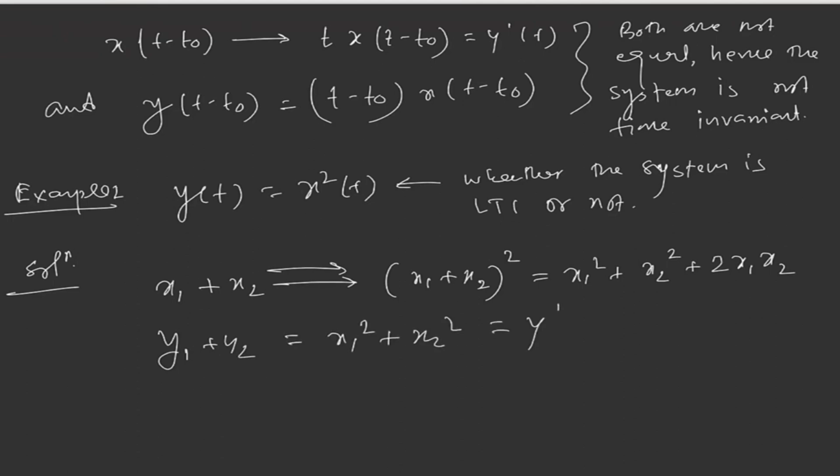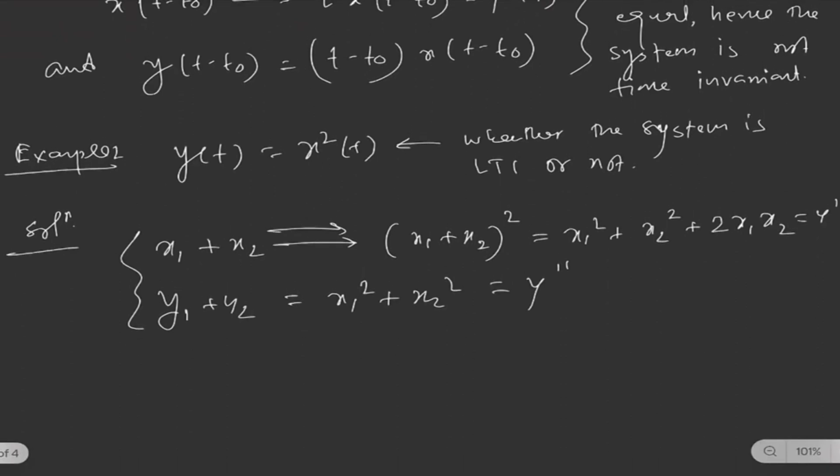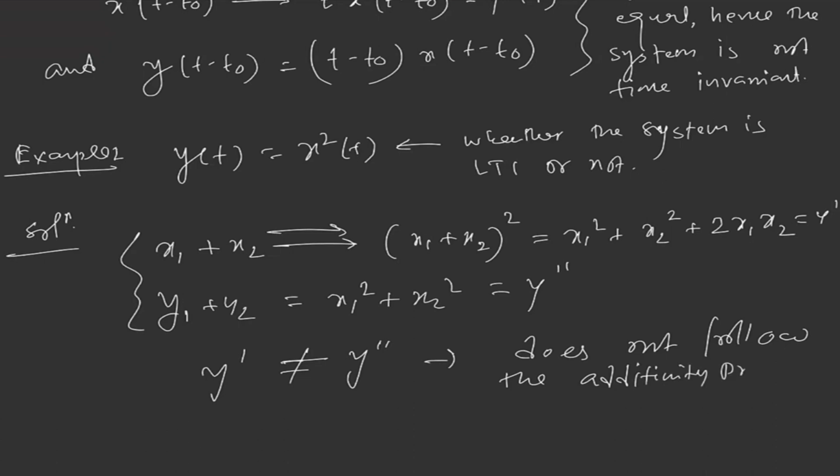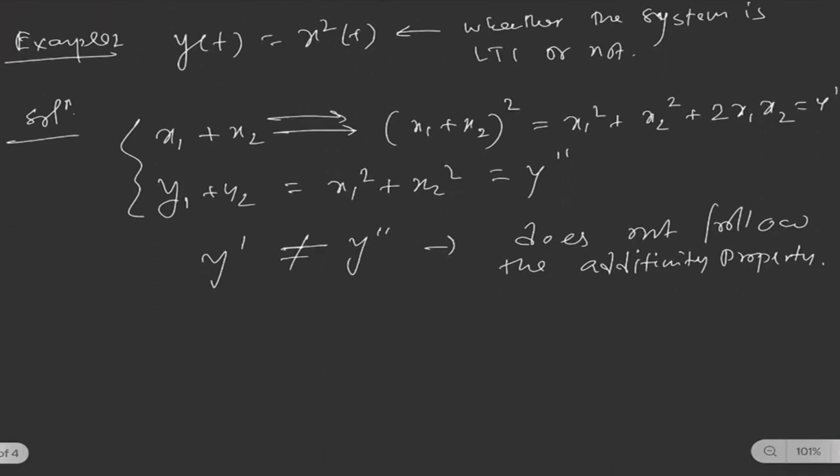Let me write this as y dash and this as y double dash. Through blocks also you'll get the same kind of response. So we can check y dash not equal to y double dash. So it does not follow the additivity property.